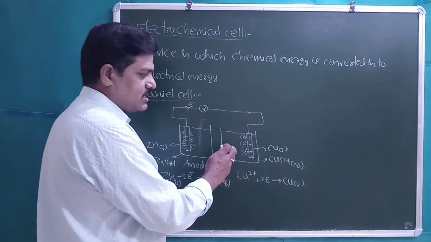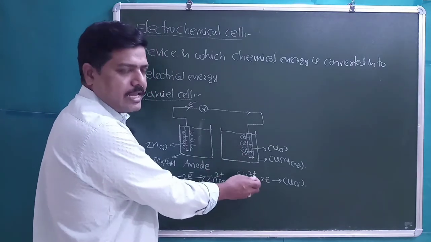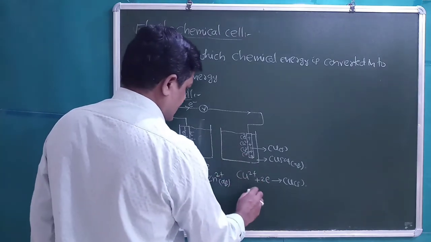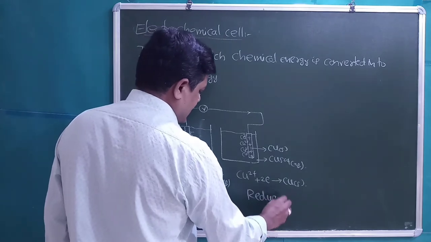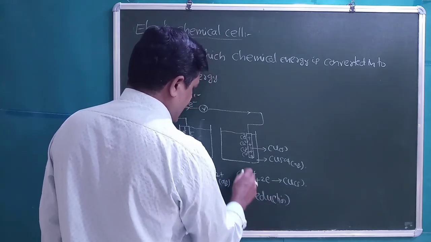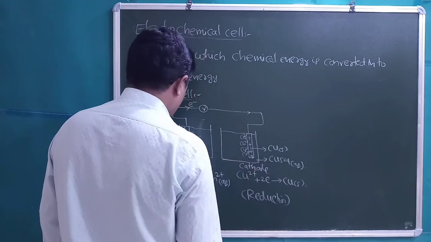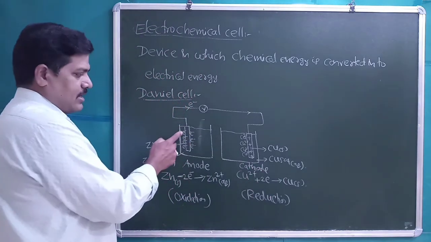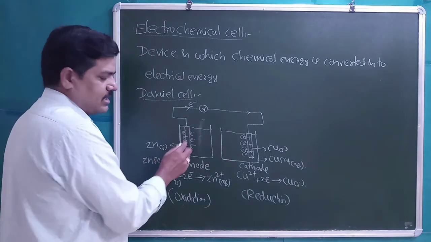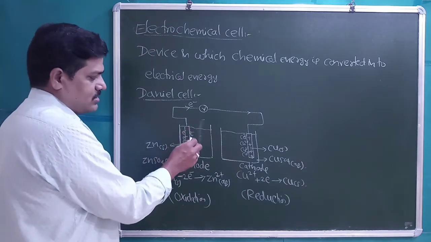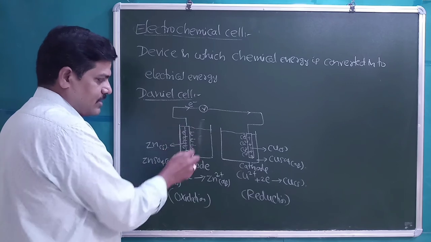The electrode at which reduction takes place, gain of electrons is reduction, we call the cathode. The charge on the anode is negative because neutral zinc atoms lose electrons, which accumulate on the surface of the zinc rod.